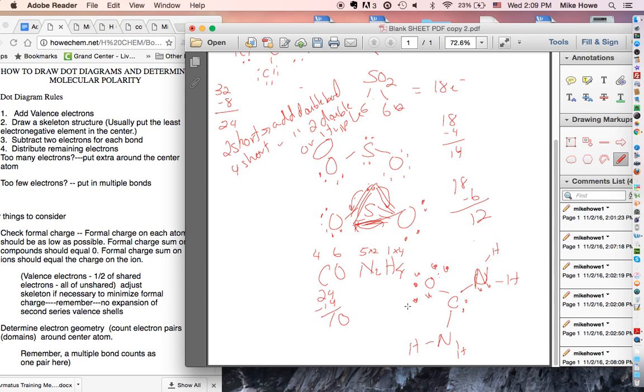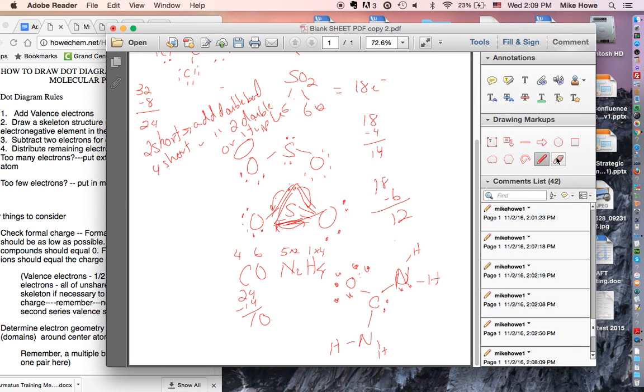So since I'm almost out of paper here, what I'm going to do is use my eraser function. And we're going to erase these 2 electrons and start again on the oxygen. Okay.